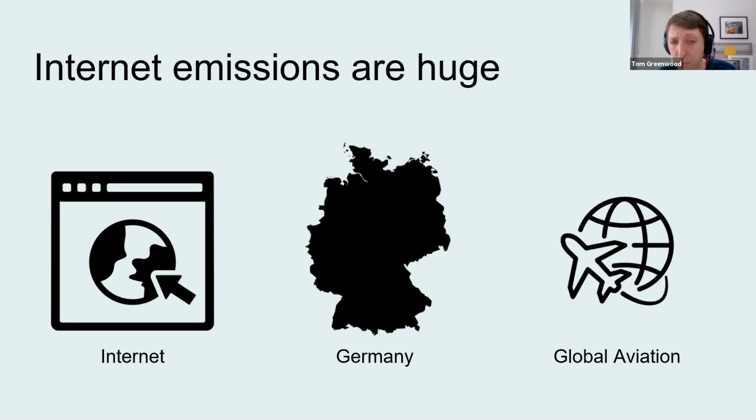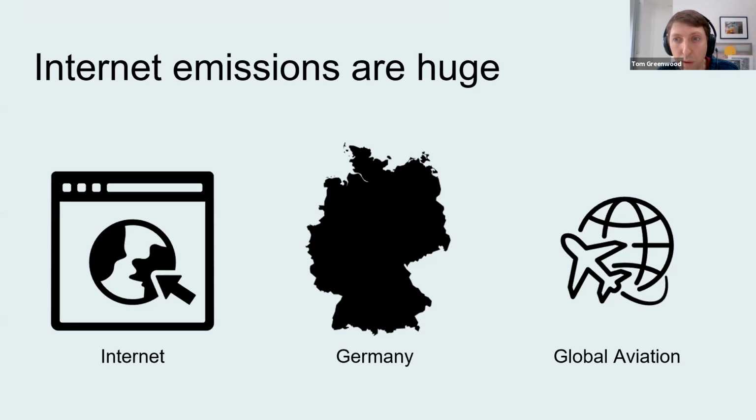But the internet carbon footprint is roughly equivalent to Germany, which is currently, I think, the 7th most polluting country in the world. So it's a huge impact. And in terms of total emissions, it's also roughly equivalent to the global aviation industry pre-pandemic. So currently, with the pandemic, it will have overtaken aviation, as aviation's obviously reduced and internet usage has increased rapidly over the past 12 months.